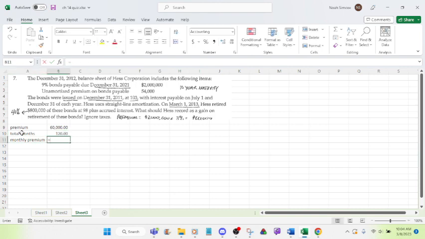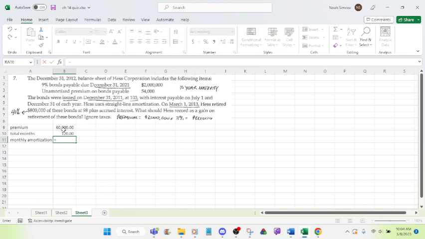Monthly premium equals this divided by this, because it's straight line.